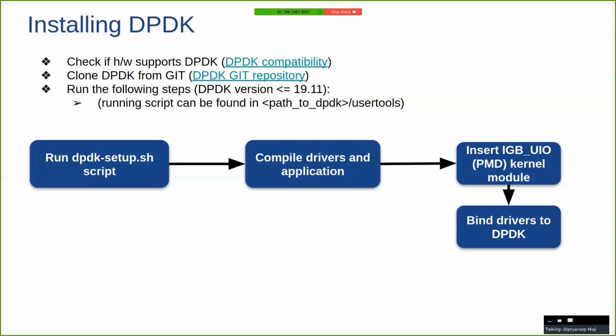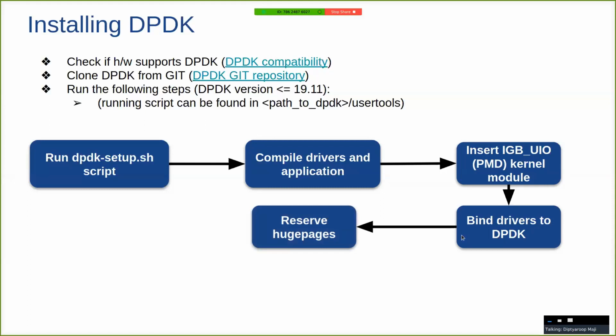For example, if you type ifconfig, there is a list of interfaces shown. However, if we bind one interface to DPDK, we cannot see it via ifconfig. So once the NIC is bound to DPDK, we'll then reserve huge pages and we are done.